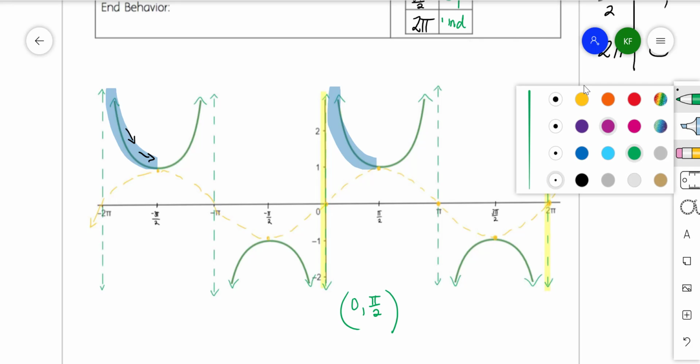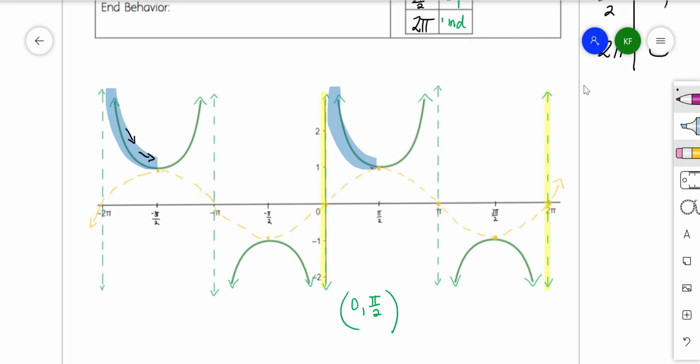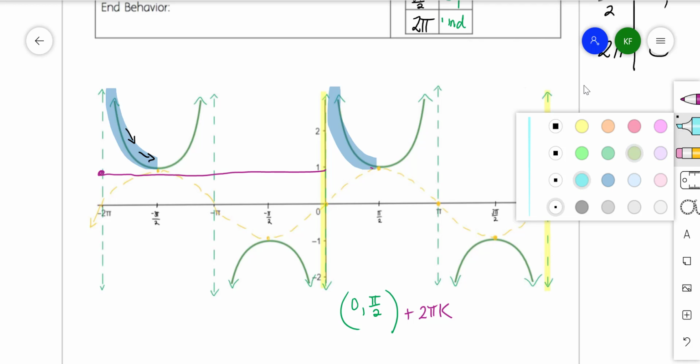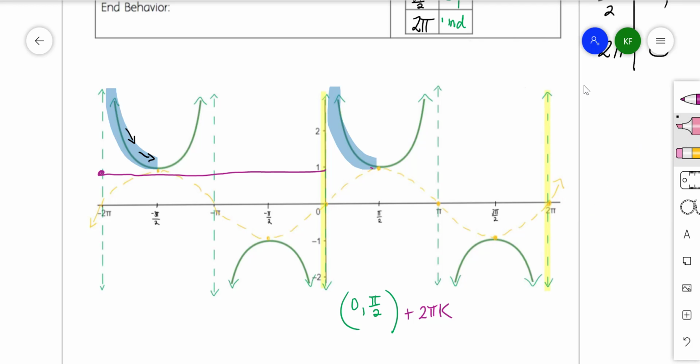The distance between these decreasing intervals. So we're starting here and I go here. You can really see the 2 pi on this one. So this is that 2 pi k again. And then the ones on the bottom, do quickly here. So decreasing, I'm going to mark them for you.